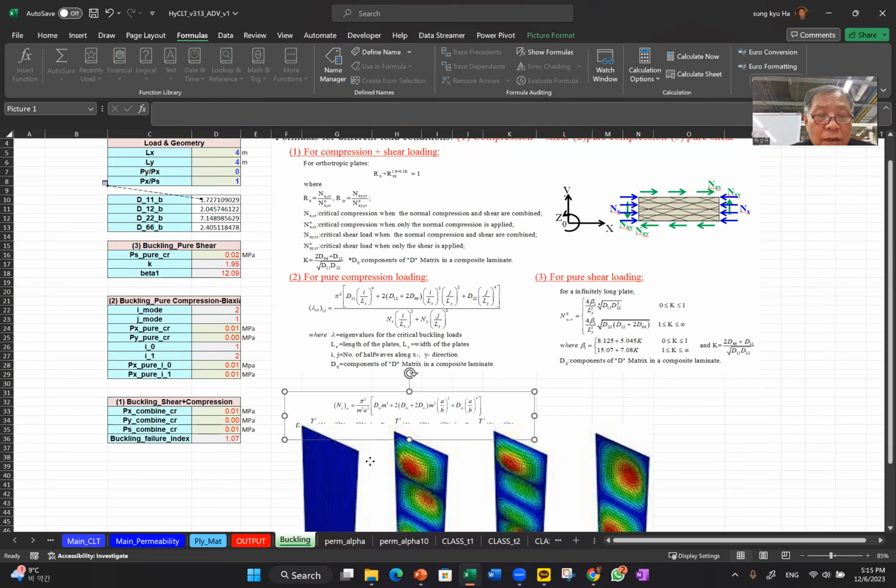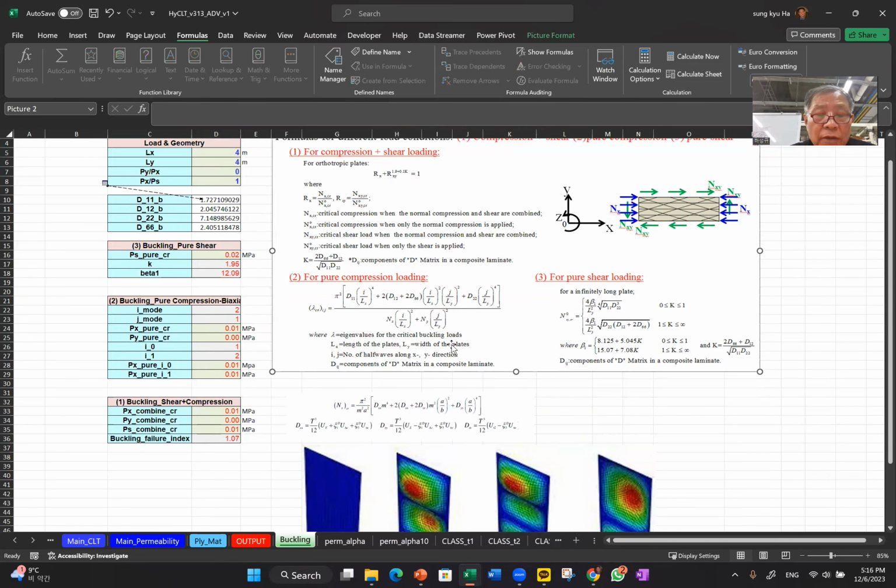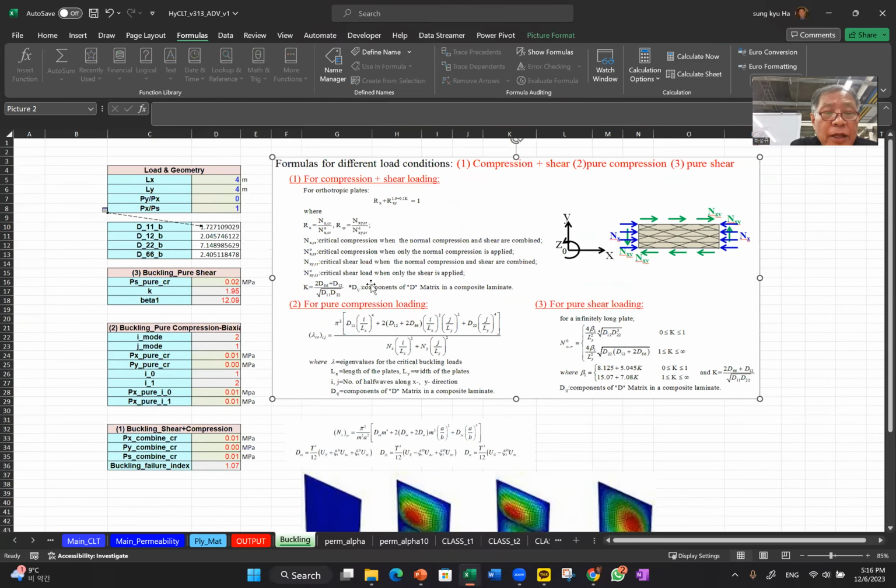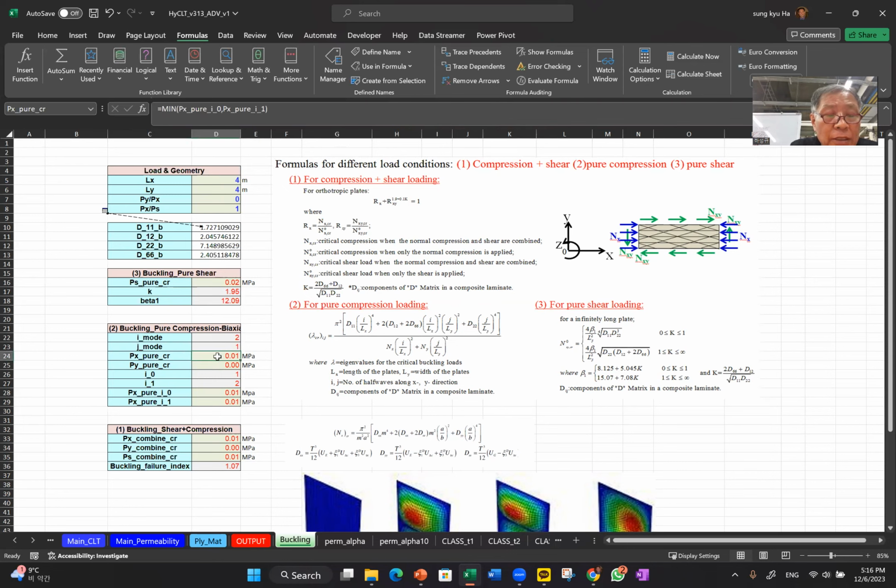So all the theory comes from here. You can find more information from the references, but the idea is that the buckling load is the one you can calculate for the given laminate and a given dimension. And this is very important.